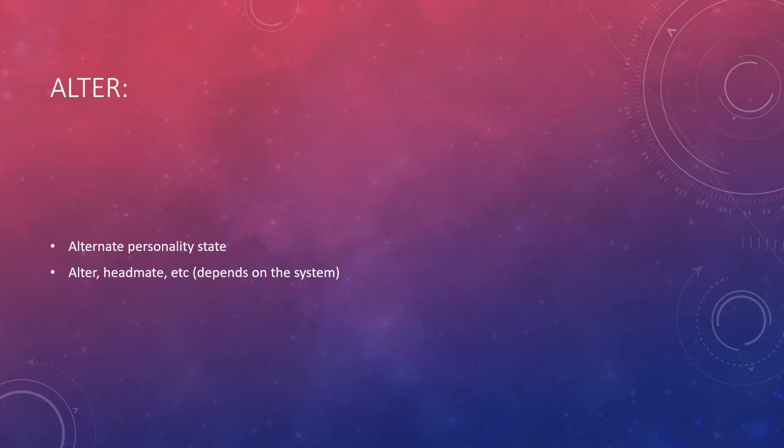Alters can be referred to as alters, headmates, or a number of different terms. What they're referred to as depends on the preference of the system and its individuals. Like for me, I prefer alter, whereas my sister Sam prefers headmate.